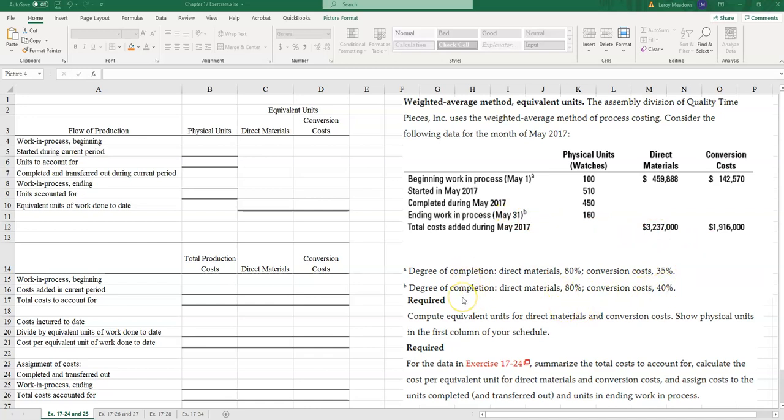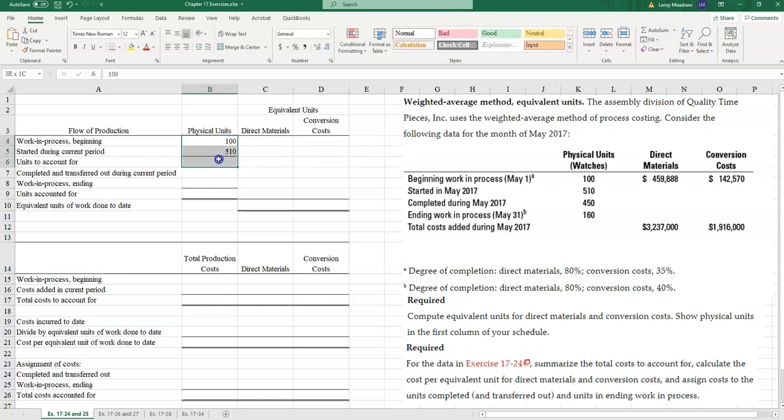So exercise 17-24, we're asked to compute the equivalent units of direct materials and conversion costs. Show physical units in the first column of your schedule. Work in process inventory, how many units do we have beginning? We had 100 units. And how many units were started during the current period? 510.